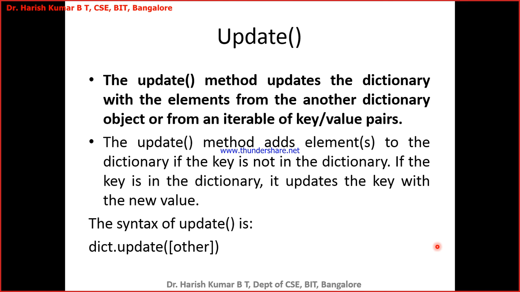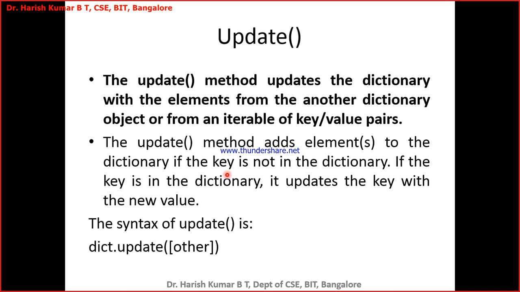Now the update method, which we have not discussed. This method is used to update the dictionary with the elements from another dictionary. Say I have two dictionaries, and I need to update the key value pairs present in one dictionary into another dictionary. Then I go for the update method, with another dictionary object or an iterable of key value pairs.